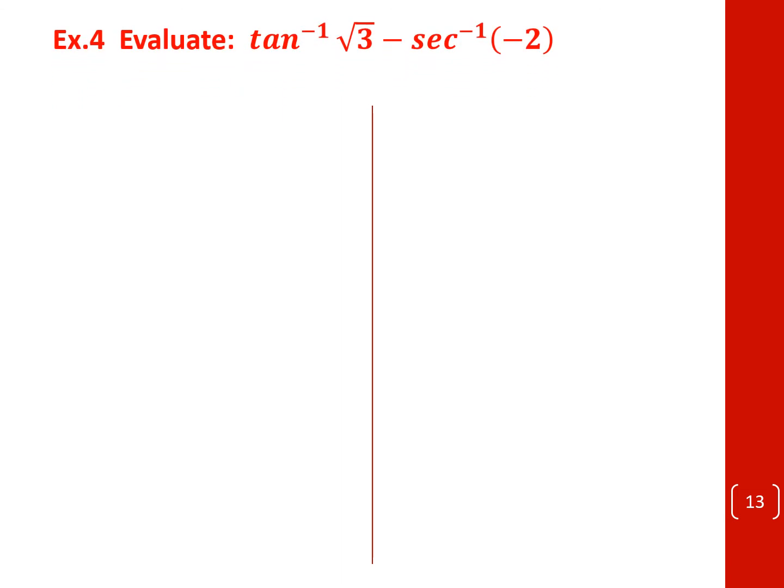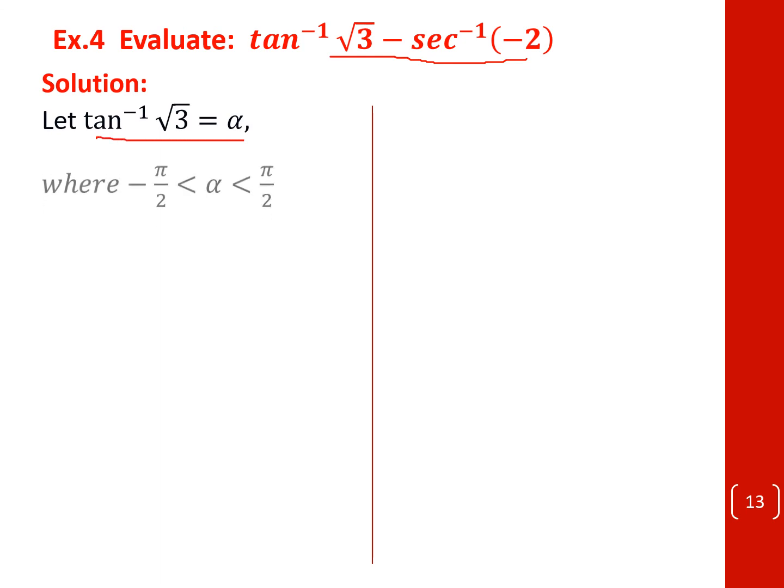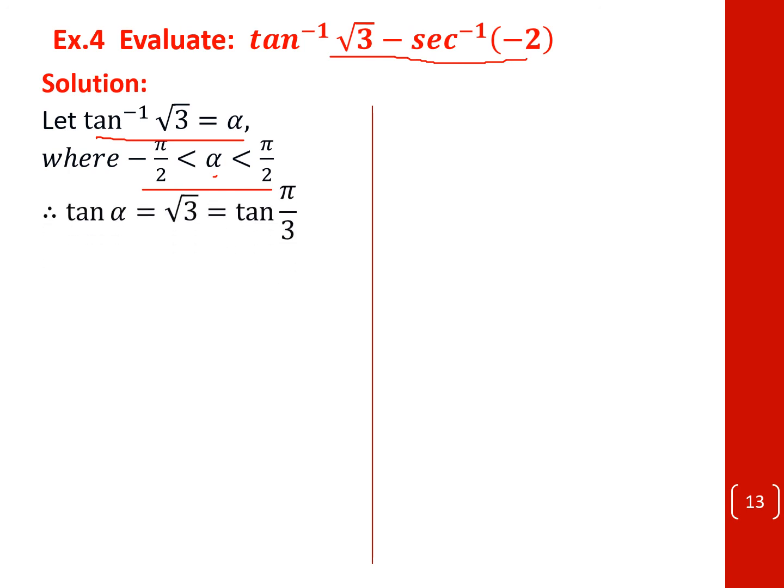Fourth example, evaluate tan inverse of √3 minus sec inverse of -2. Solution, let us consider tan inverse √3 is equal to alpha. See student, this alpha lies in open interval -pi/2 to pi/2, which is the principal value branch of tan inverse. Therefore, tan alpha is equal to √3.